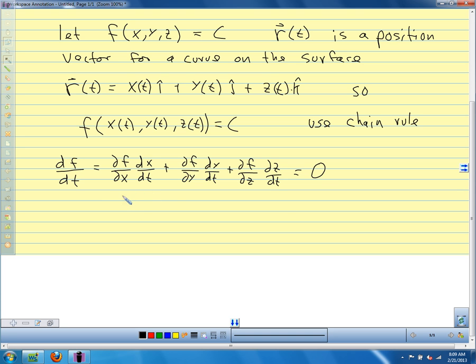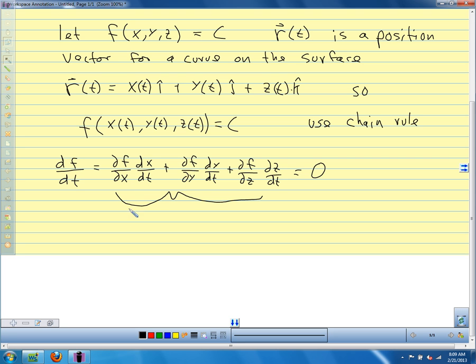What is this expression? What's another way I could write that expression? Partial of f with respect to x times dx dt plus the partial of f.